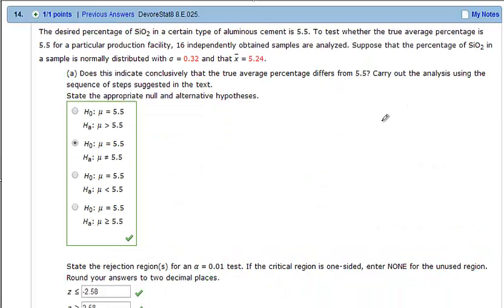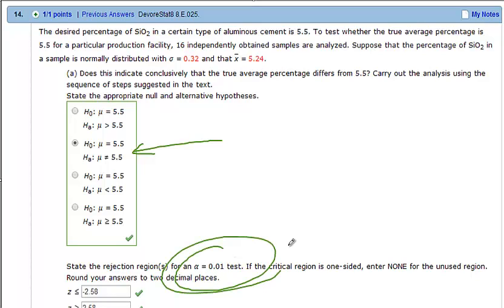Reading through this problem, you will notice that they're trying to test to see if it differs from the 5.5 mean value. That's why I chose this one right here. They want the actual z values. You get those z values from the chart that I'm getting ready to show you. Know that it is 0.01 alpha. It is a two-sided test, so that's what I'm going to look for. This would be a left-tailed test right here.